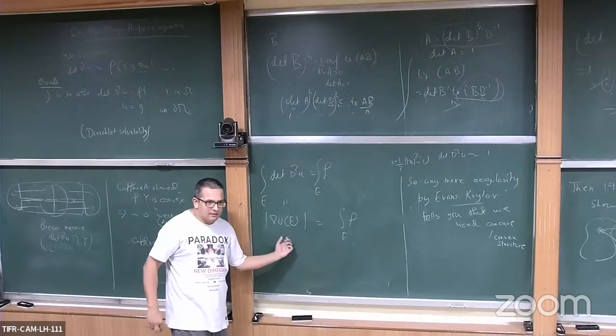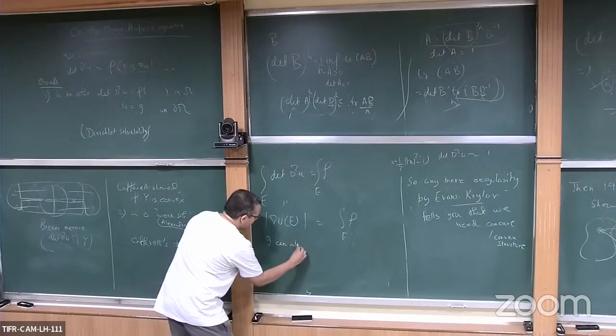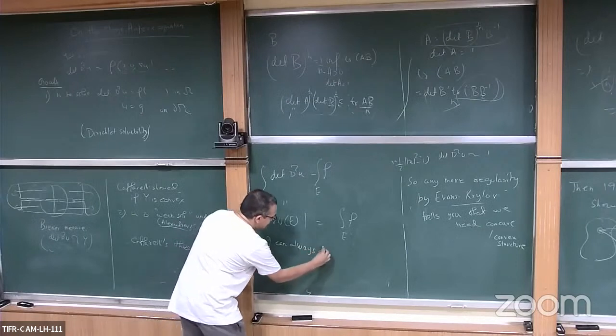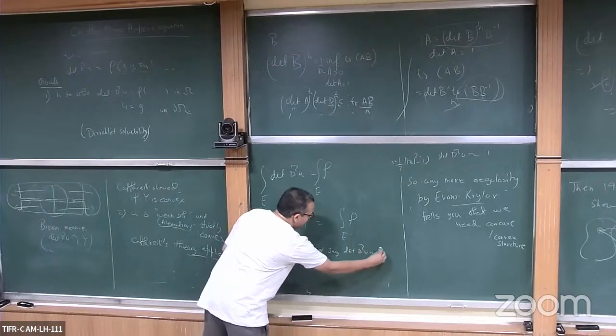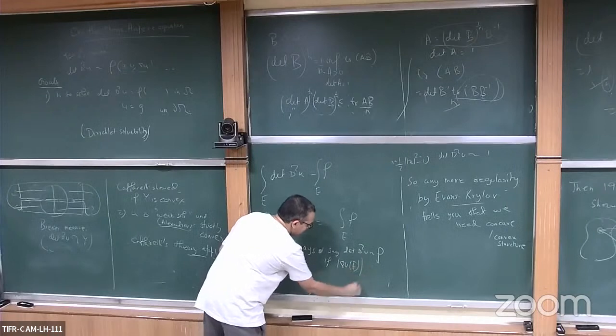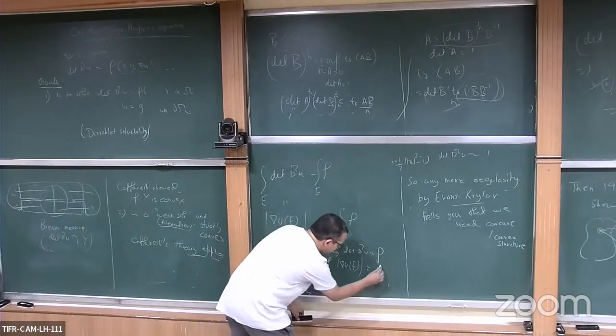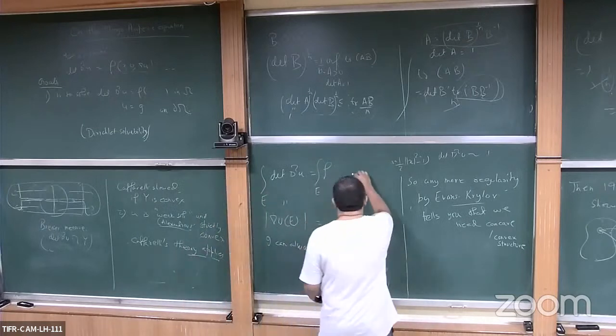That is, to define this, I can always say det of D²u equals f if the image of the gradient map is equal to the integral of f over E. But in general, a convex function can have corners, right?